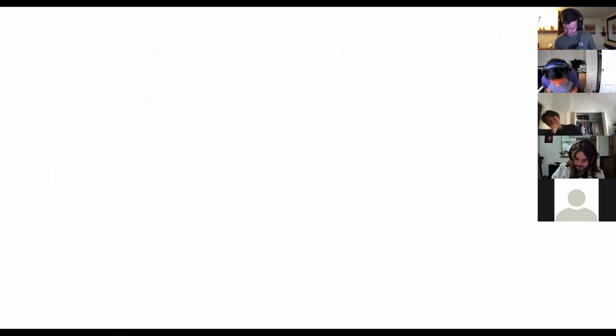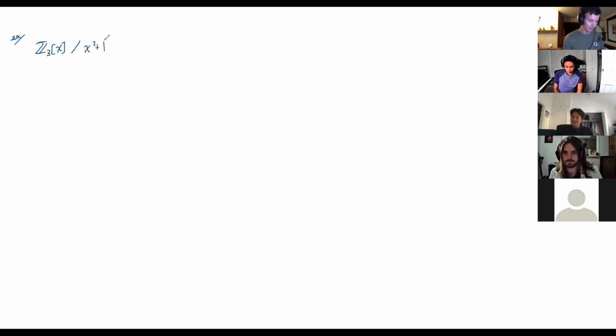All right. So that was a field of size 4. And I'm going to do one more example just to show you that it can get bigger. Let's think about the polynomials defined over the first 3 integers, 0, 1, 2. So this is another example, but we're doing these modulo x squared plus 1.